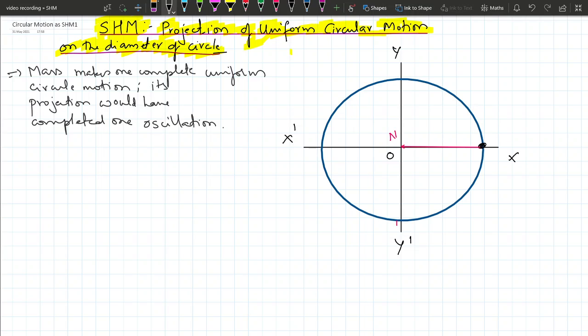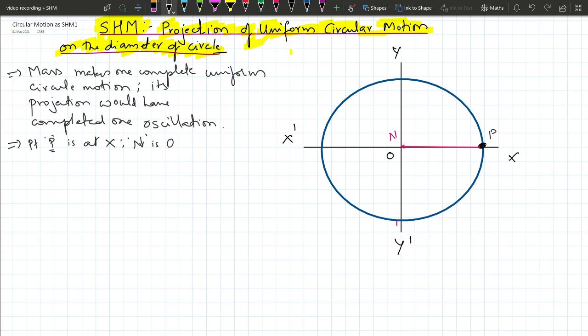Let us check it. The mass is at X, the projection is at O. I will take the point as P. Initially point P is at X, and the projection N is at the origin.